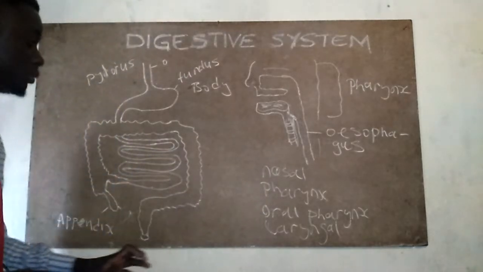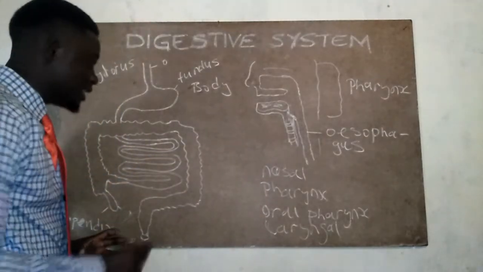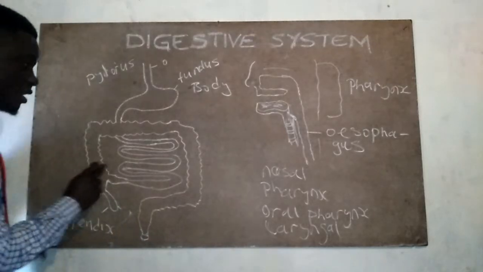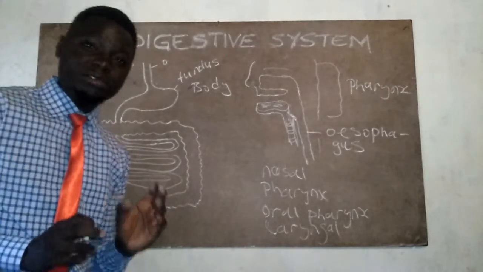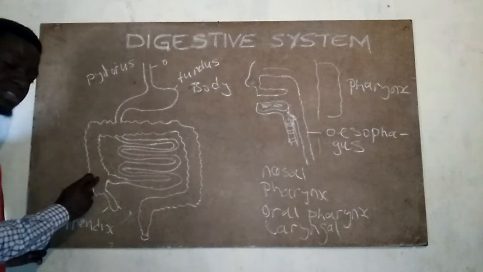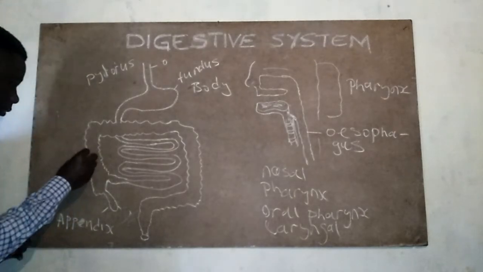This is the whole tube. So basically the colon is divided into several parts. For example, here this is the ascending colon.